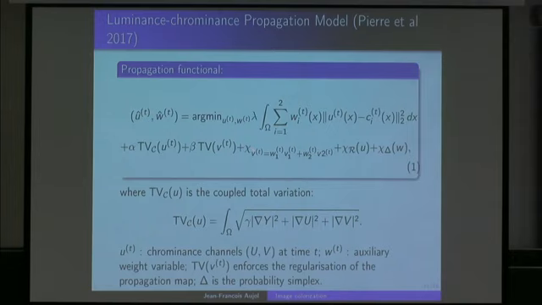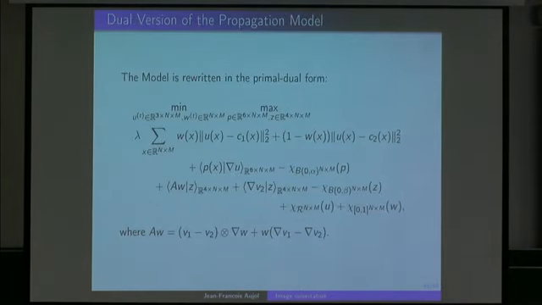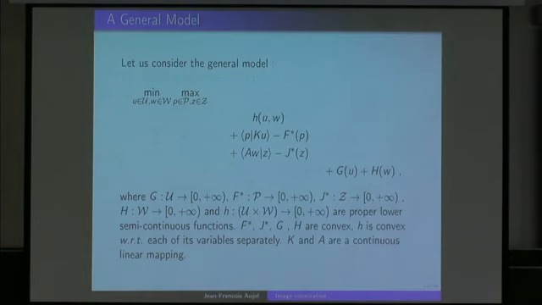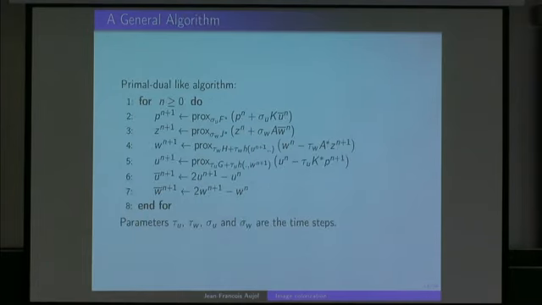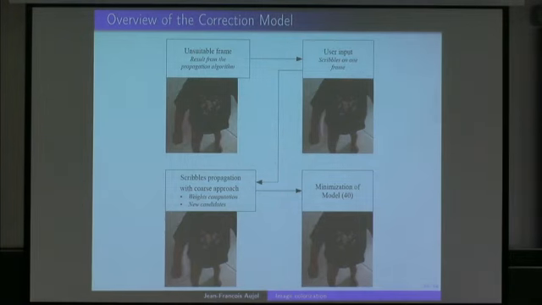Without this regularization, the correspondence map was too irregular. We had to add this term to get something consistent. We don't want the color to be taken from two different parts of the image. Okay, I will skip this part. We again use a primal-dual strategy to get an algorithm which works and which is not too greedy in time.